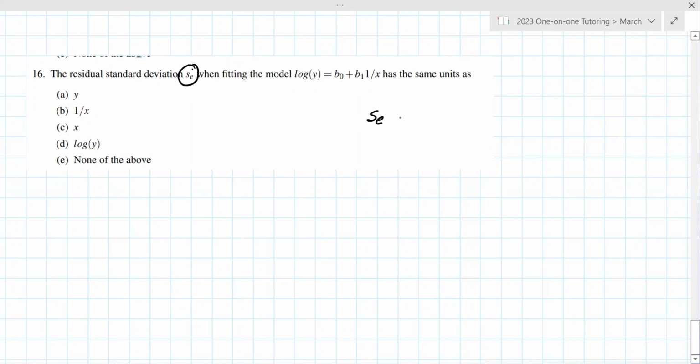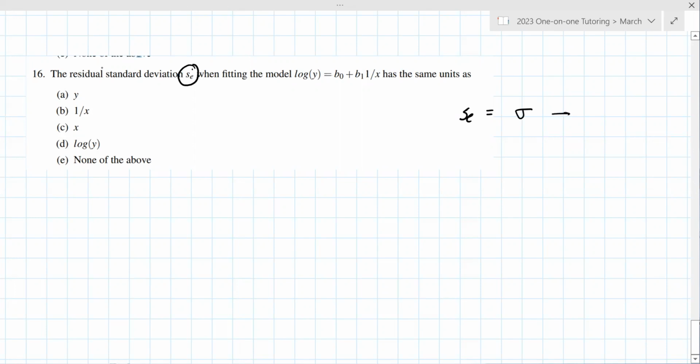Standard error, if you don't know. If you just forget about this equation, what is it in general? Which ones do they refer to? Well, standard error is sigma over root n. So standard error is whatever the roots are of sigma in that case. It's whatever that is.